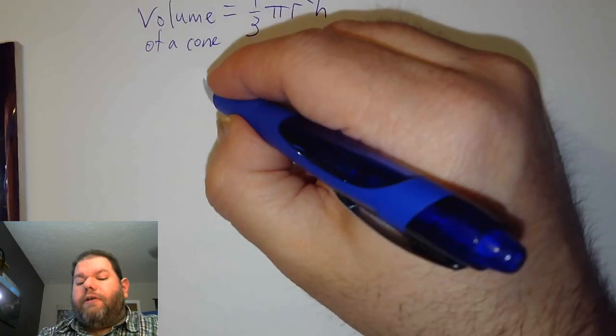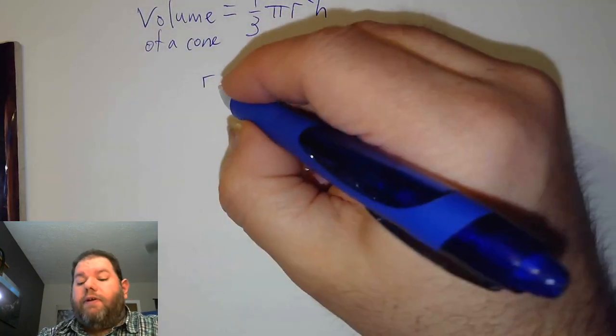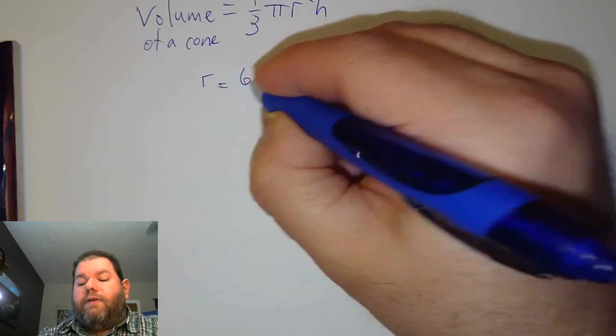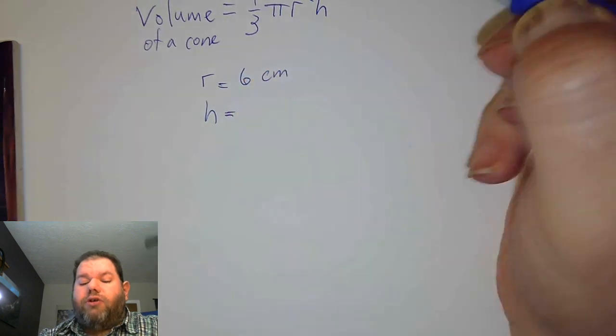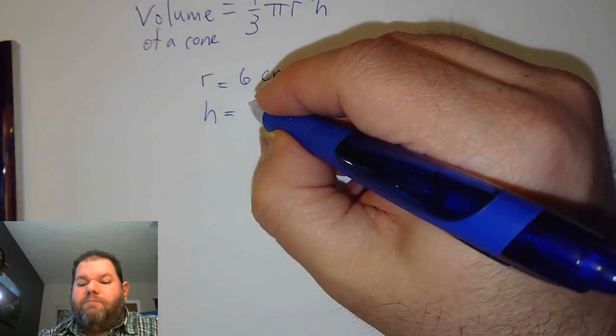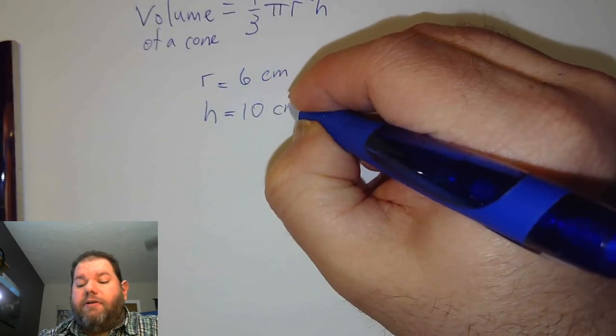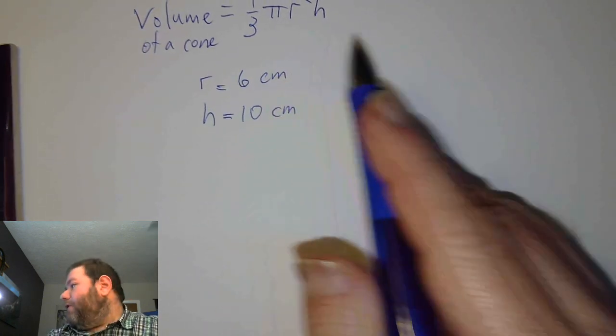And we're told that the r, the radius, is 6 centimeters, and the height, h, is, let's say it's 10 centimeters high. And we want to plug that in.